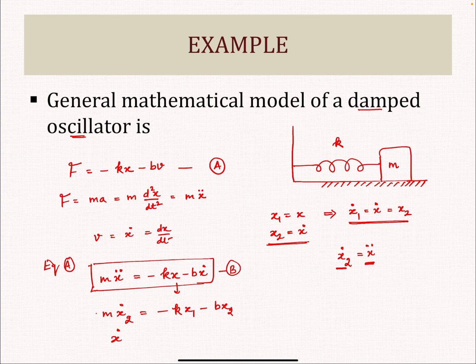So x2 dot is equal to minus k upon m x1 minus b upon m x2.